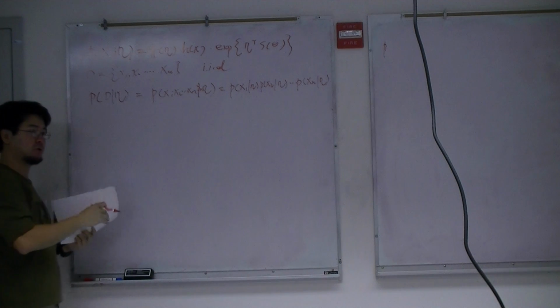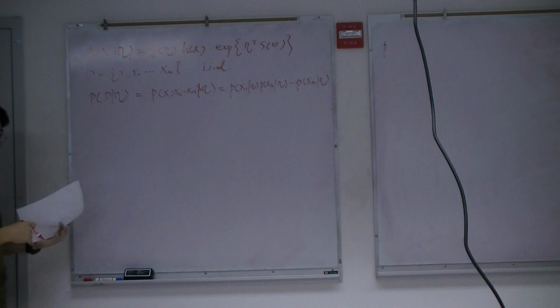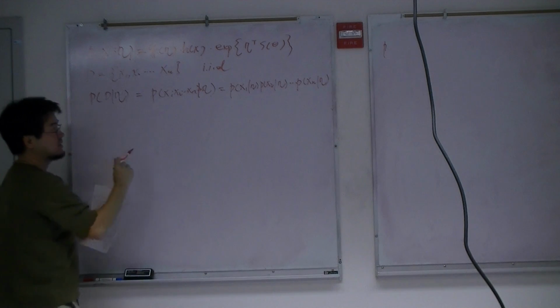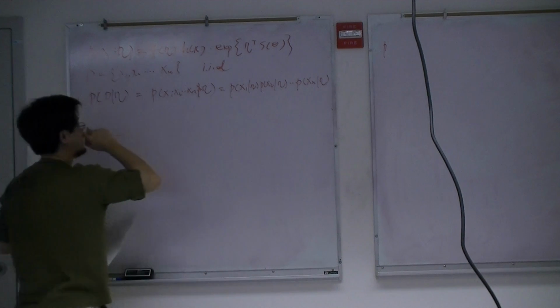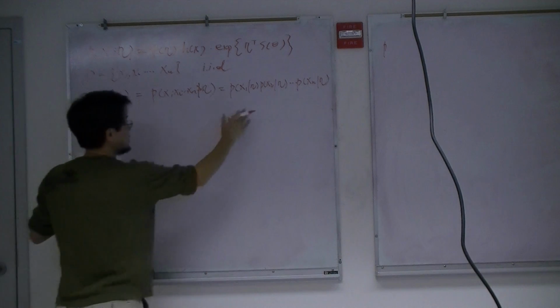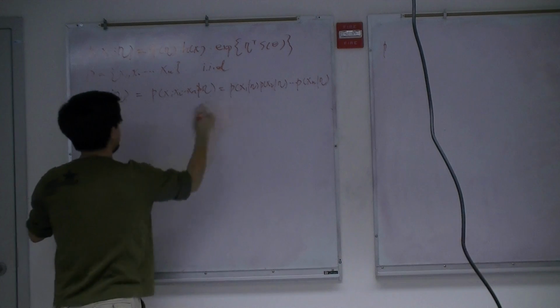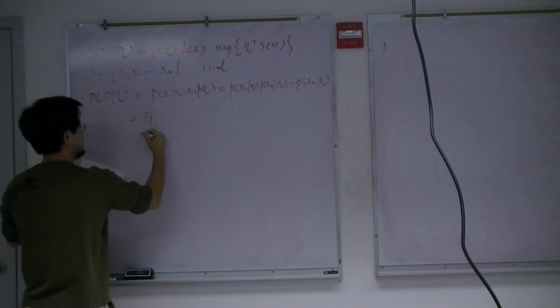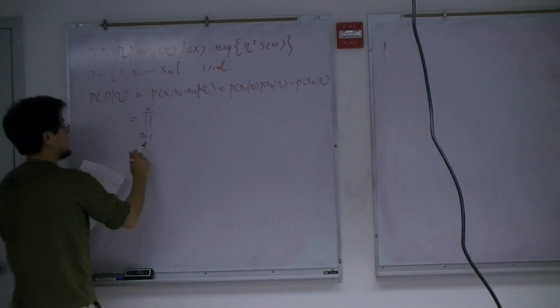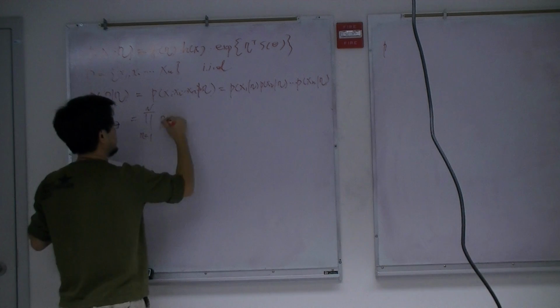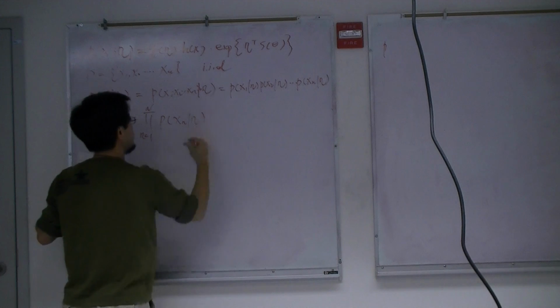If they are geometrically closer, they have some correlation. So in that case, you cannot use this IID assumption at all. So this can be written as the multiplication of p(xn given beta).